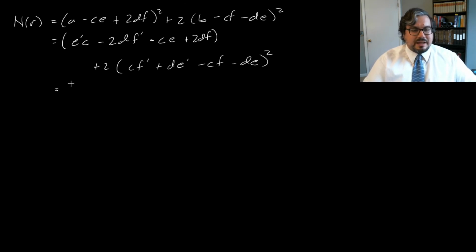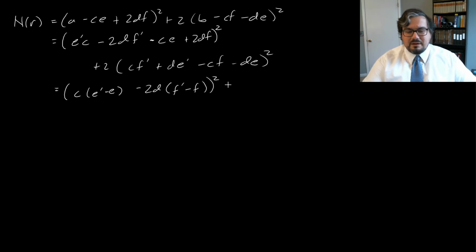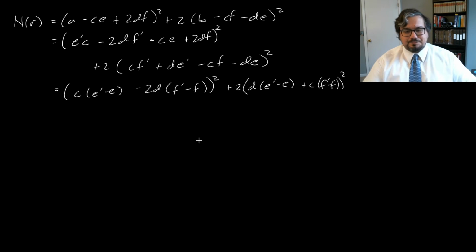So now we can write this as c times e prime minus e minus 2d times f prime minus f, all that squared, plus 2 times d times e prime minus e plus c times f prime minus f, squared.